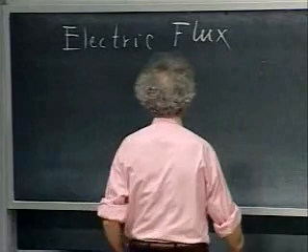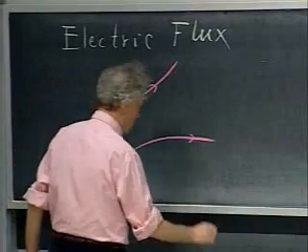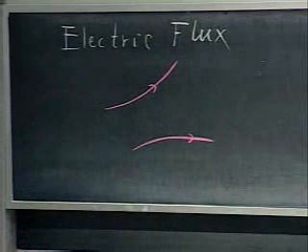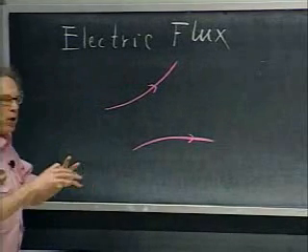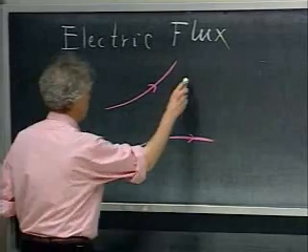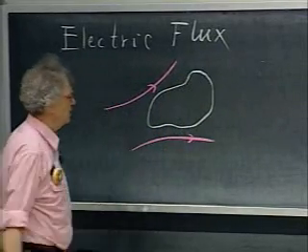Suppose I have an electric field, which is like so, and I bring in that electric field a surface, an open surface, like a handkerchief or a piece of paper. And so here it is, something like that.